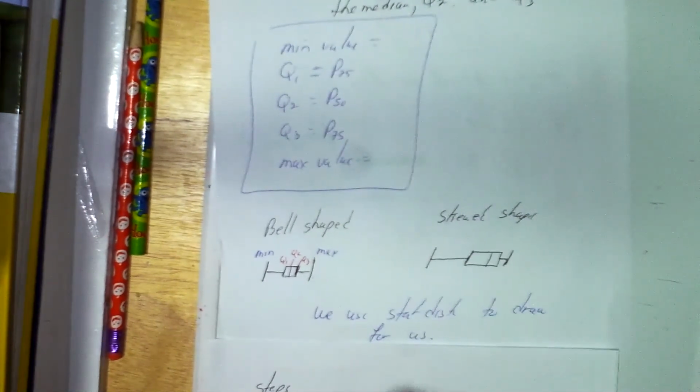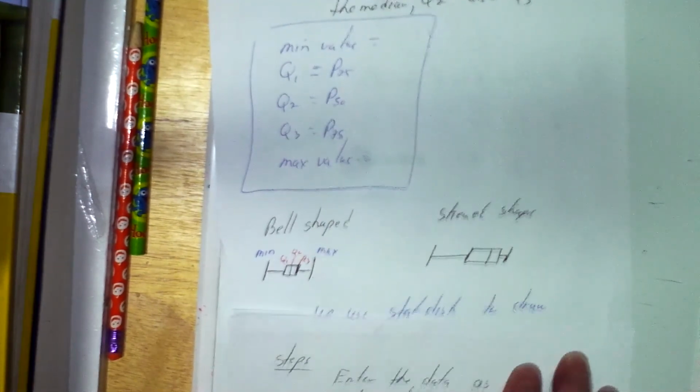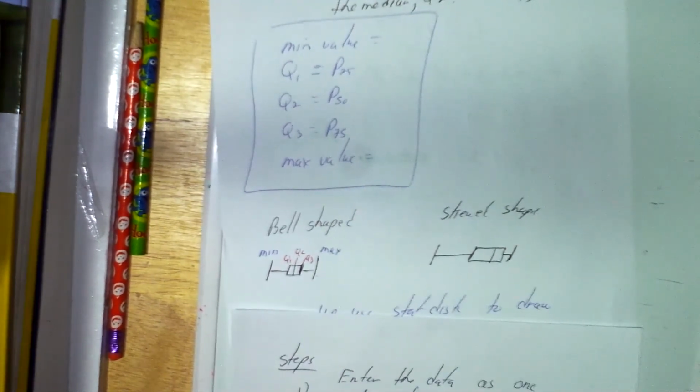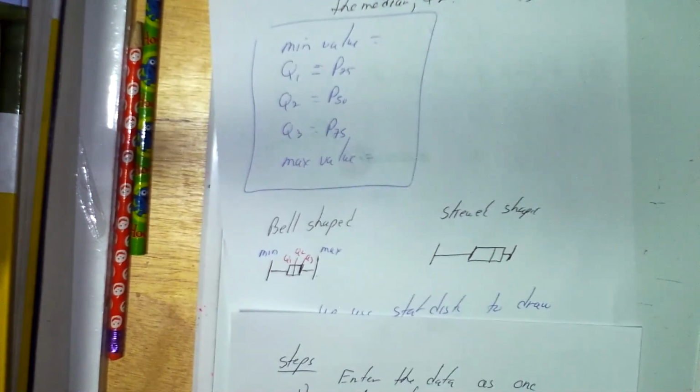You're going to enter the data as one column. I don't know how to spell column on StatDisk.